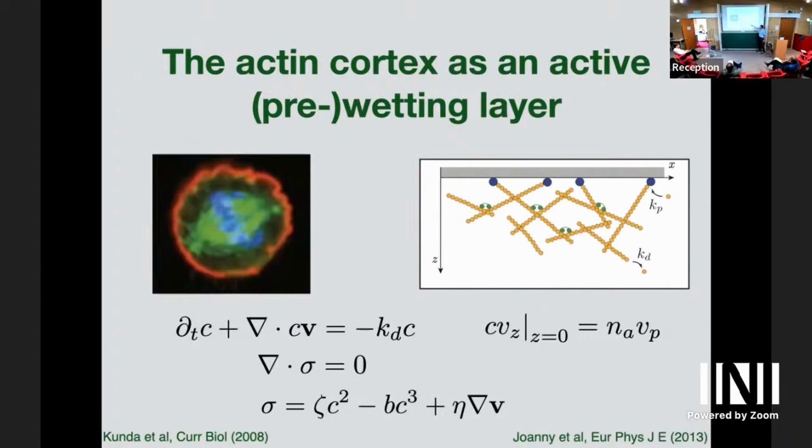So our boundary condition that I was mentioning before comes into play. The current at the boundary, perpendicular to the boundary, will be given essentially by a constant for the time being, N_a times V_p, where N_a would be active nucleating proteins, proteins that help our actin filaments to grow, and V_p would be the polymerization speed.